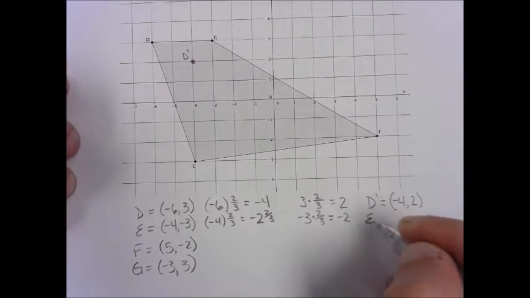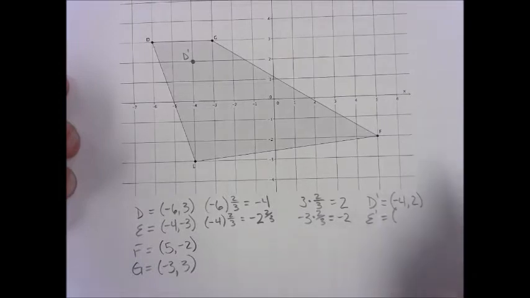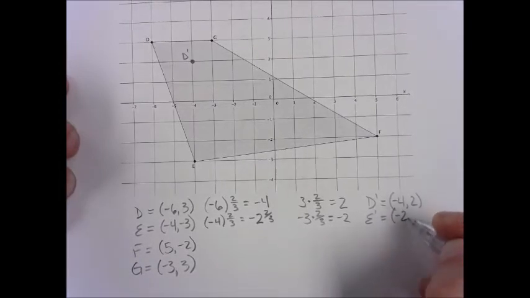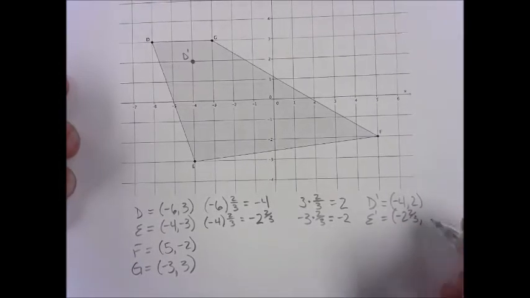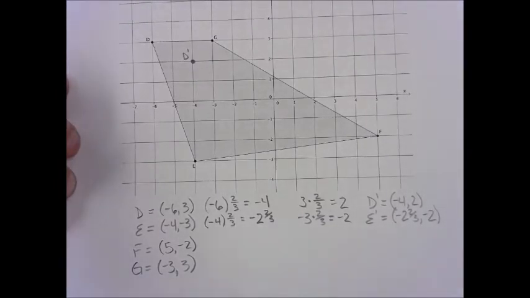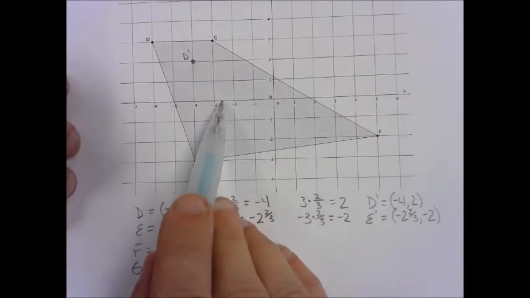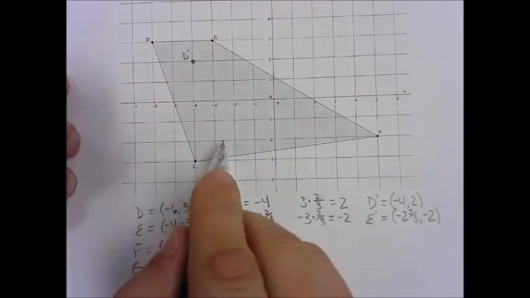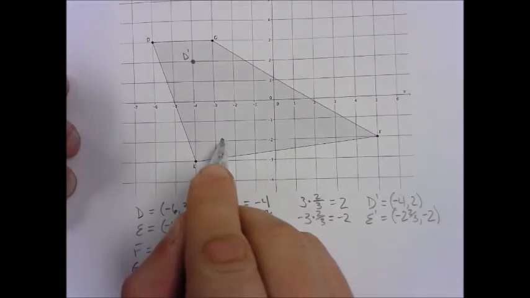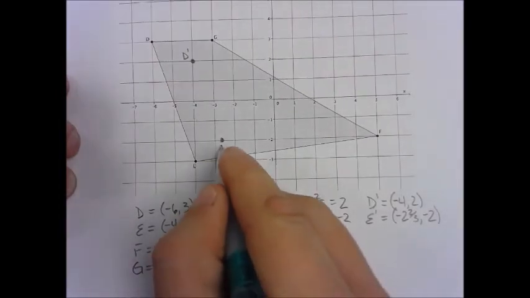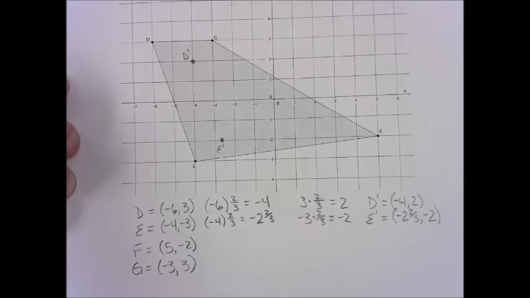So my E prime would be (-2 2/3, -2). So let's go ahead and plot that one as well. -2 and 2/3 and -2, so it's going to be around this area right here. This is E prime.